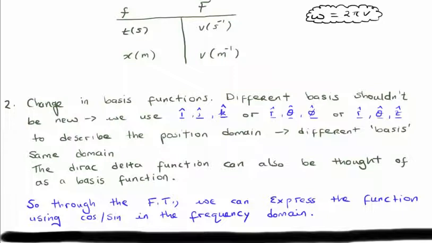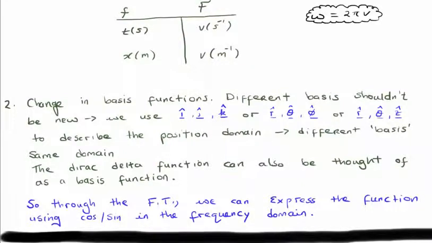The concept of basis functions shouldn't be new to you, because we use i hat, j hat, k hat in the Cartesian coordinate system to express every point. We also might use spherical polar coordinates, or we might use cylindrical coordinates, all different ways of expressing the same points in the space, and they all have their different uses.